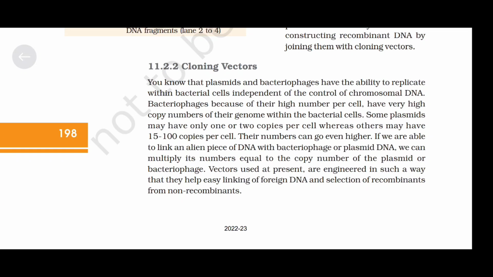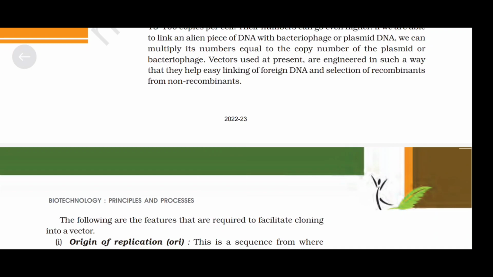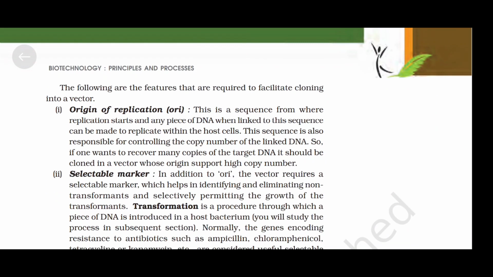Vectors used at present are engineered in such a way that they help easy linking of foreign DNA and selection of recombinants from non-recombinants. The following are the features that are required to facilitate cloning into a vector. First, origin of replication, ORI.